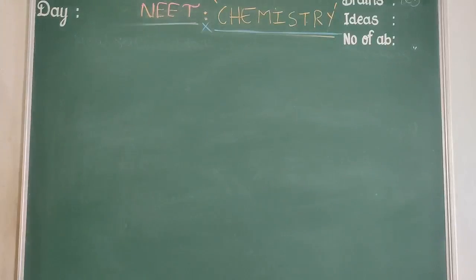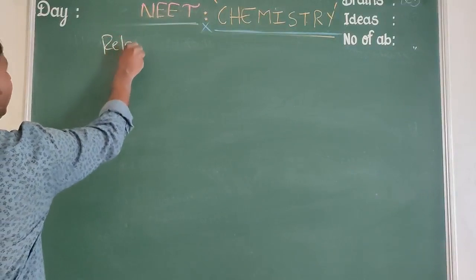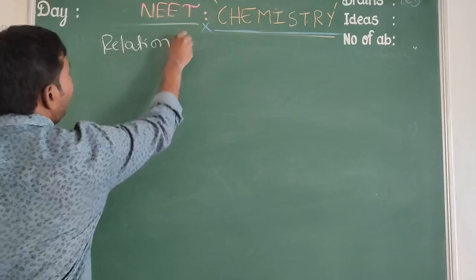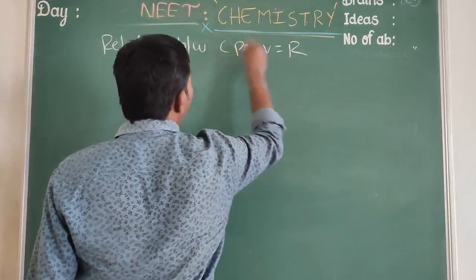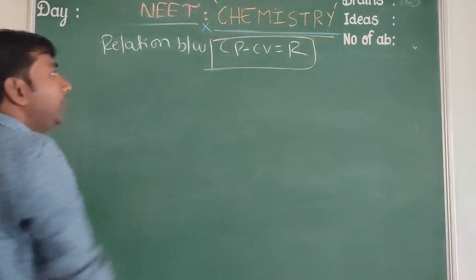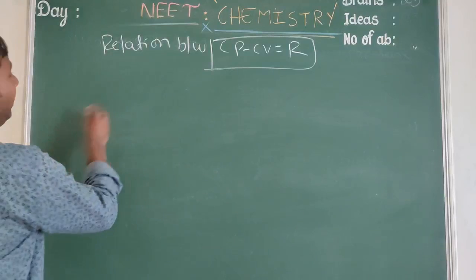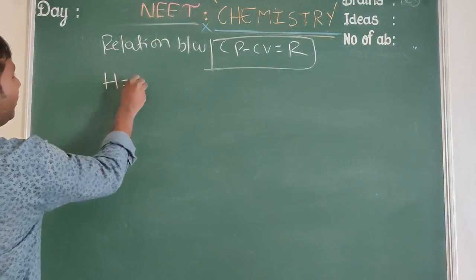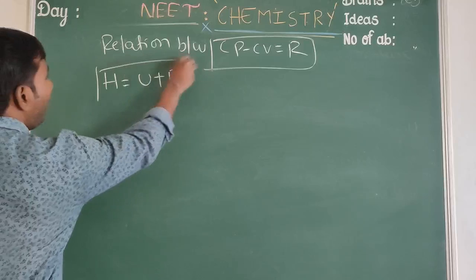Next one, relation between Cp and Cv: Cp minus Cv equals R. Already we know enthalpy equals internal energy plus pressure into volume.